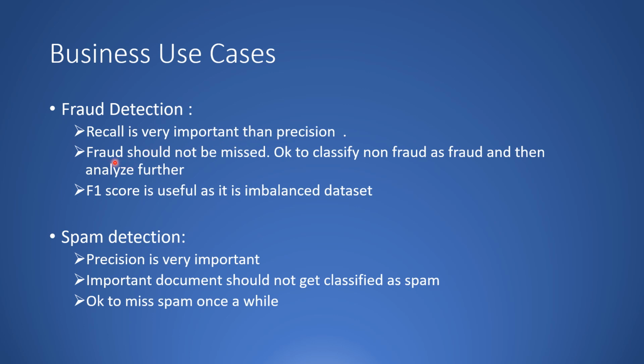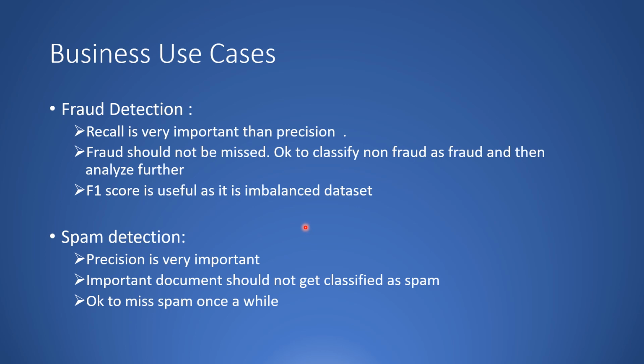That is because you shouldn't miss out on a true positive, right? So all the actual frauds should be identified by the algorithm. So fraud should not be missed over here. It is okay to classify non-fraud as fraud and then analyze further. So the F1 score is also useful over here because it will be an imbalanced data set. If you take the number of frauds when compared to the overall number of transactions, it will be an imbalanced data set.